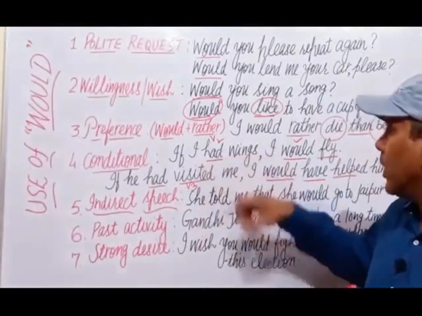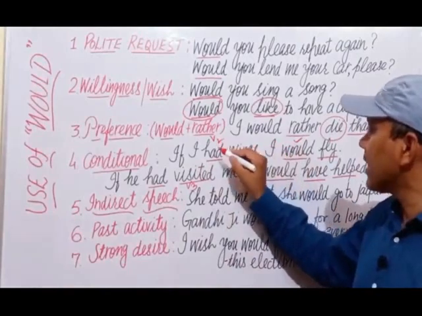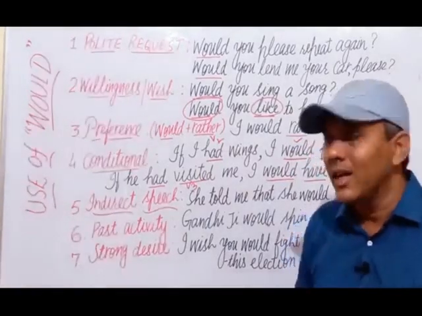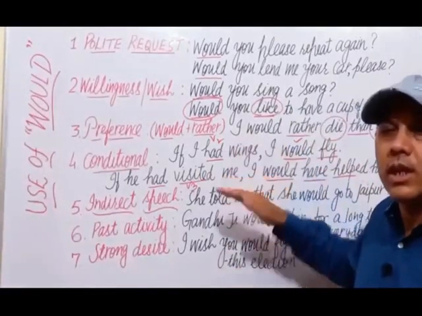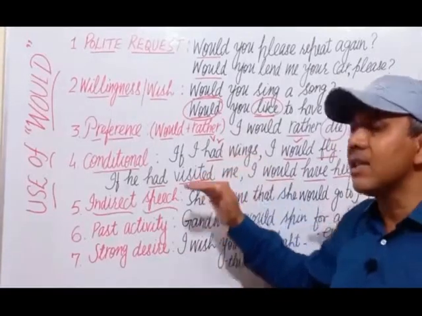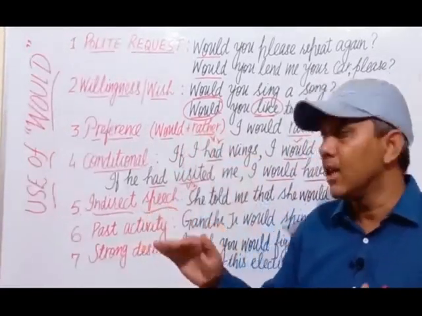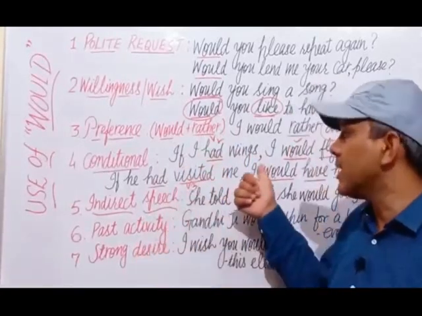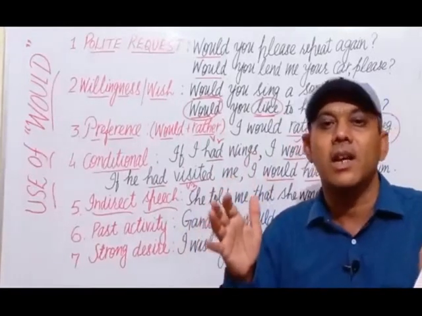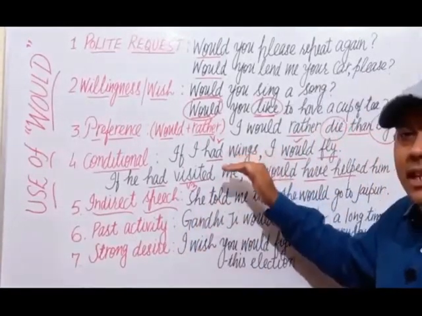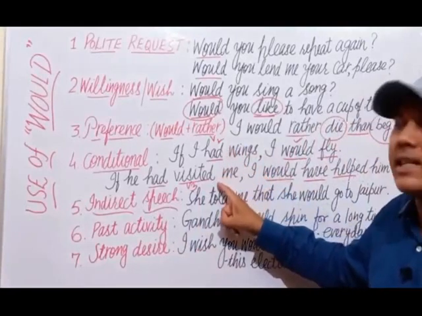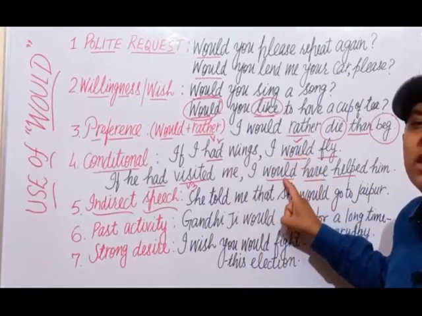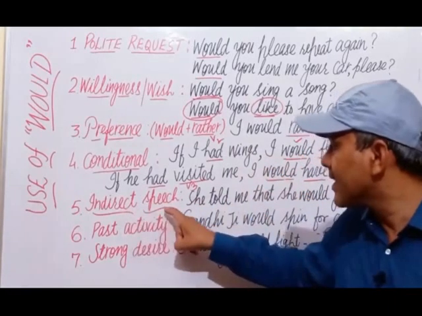If I had wings, it means V2 in the first clause, then we shall use would plus V1 in the second clause. हो सकता है आपको यहां थोड़ा सा कंफ्यूजन हो. इसके लिए हम कंडीशनल सेंटेंसेस का टॉपिक अलग से भी डिस्कस करेंगे, जिस पर हम 1 by 1 सेंटेंसेस को लेकर आपको प्रत्येक कंडीशनल सेंटेंस का कॉन्सेप्ट अच्छे से समझाएंगे. यहां आप केवल इतना देखिए कि यदि ये कंडीशनल सेंटेंस हो तो हम नेक्स्ट क्लॉज में वुड एज ए मॉडल वर्ब यूज करेंगे. नेक्स्ट इज इनडायरेक्ट स्पीच.